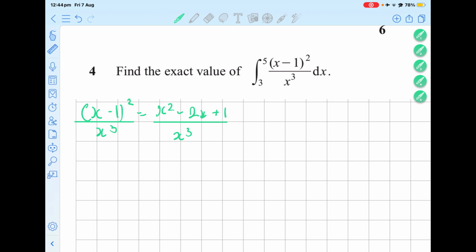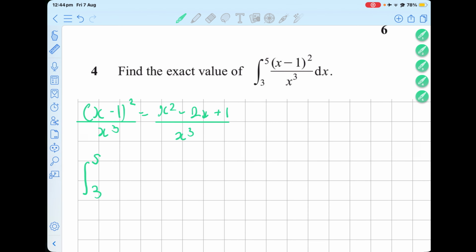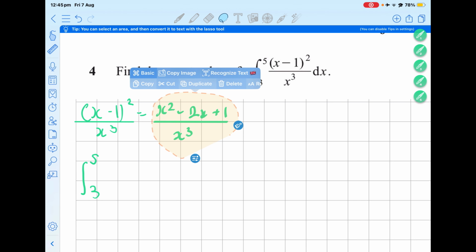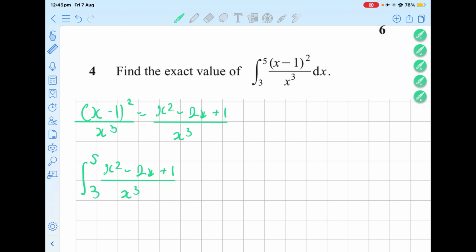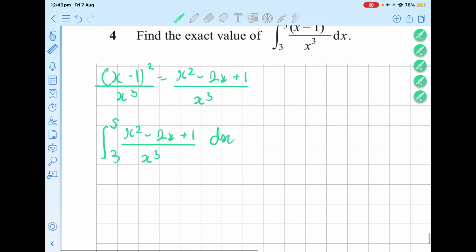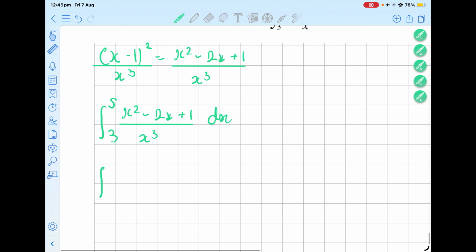So this integral can be written as the integral of this with dx. Then I can write that as 1 over x minus 2 over x squared plus 1 over x cubed dx.